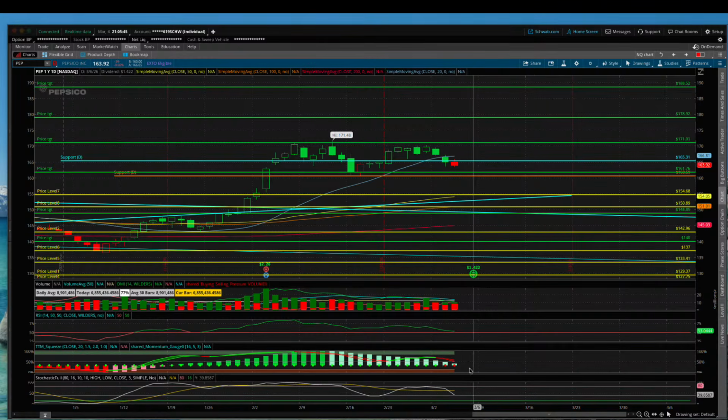Stochastics kind of just chilling. We are below the 20 SMA, but that's just letting our moving averages catch up to us. We're above 160, which is the daily support and the weekly support. And that looks good. We fill these gaps here. We don't have any gaps below. It looks good. Maybe just buy more time.